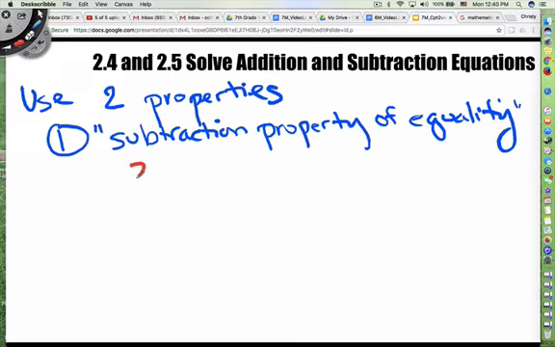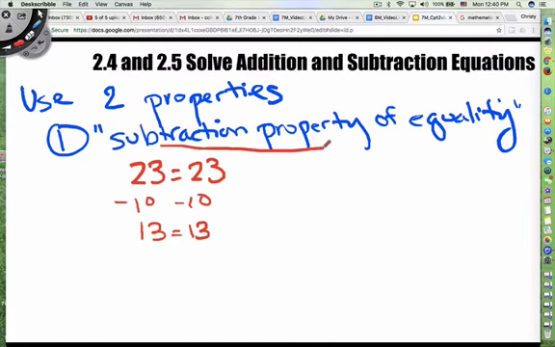So 23 is equal to 23, so both sides of an equation are the same. When you subtract 10 from here and you subtract 10 from here, you'll have 13 and 13. And so as long as you subtract from both sides, the equations will be the same.